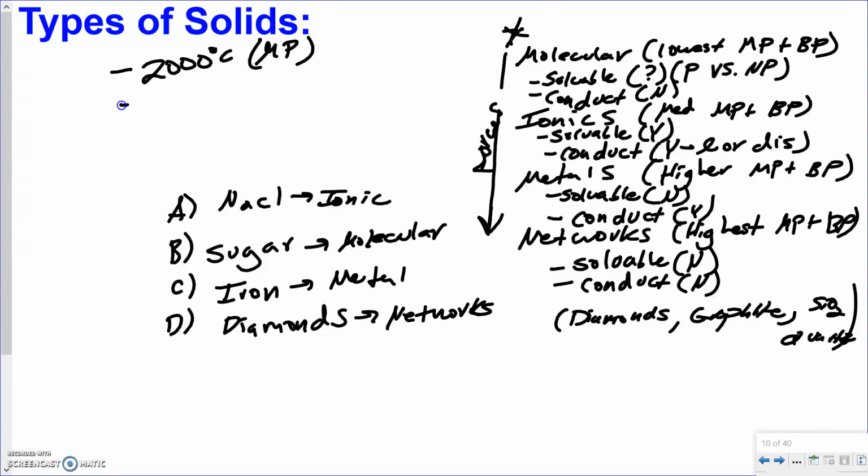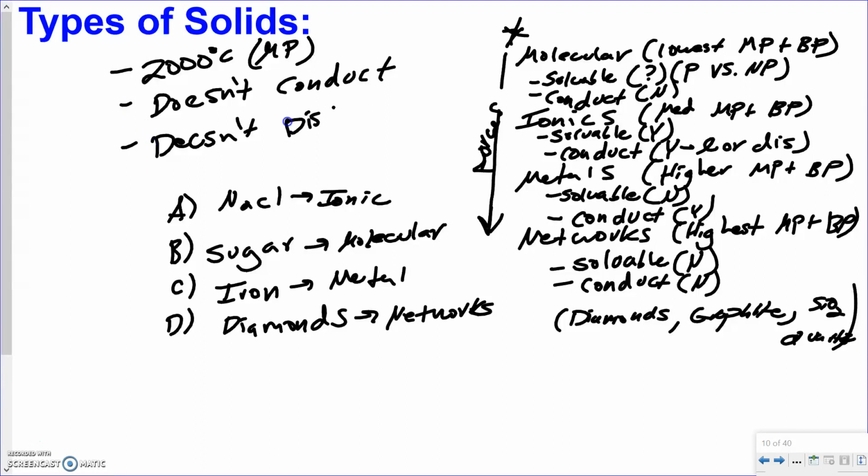Let's say it does not conduct, and does not dissolve in water. Take a second, see if you can figure out who that's going to be based off of our properties that we have over here off to the right hand side, and we'll come back and discuss that in just a moment.